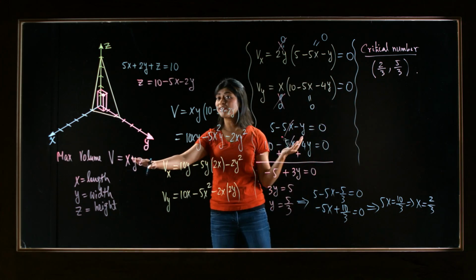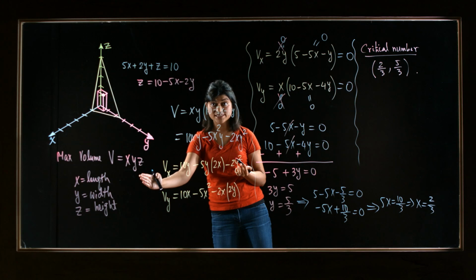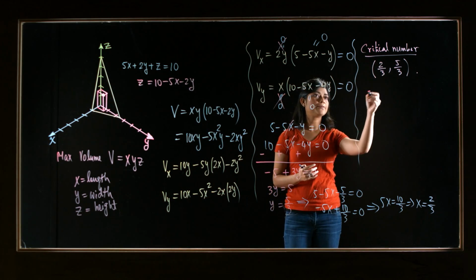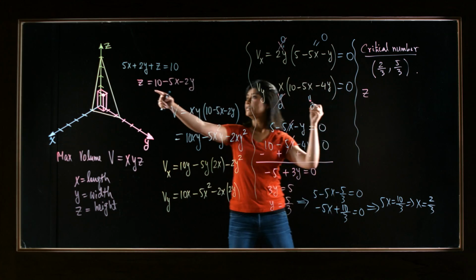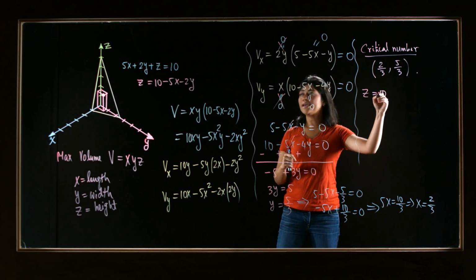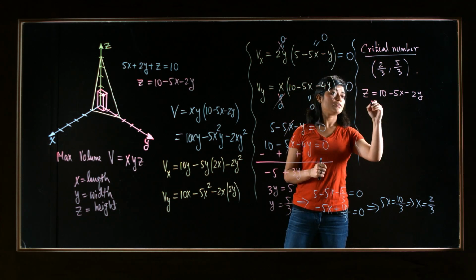We have to figure out what that volume is. Look at the volume formula: x times y times z. So we first have to find what z is when given x and y. You know z is in terms of x and y: z is 10 minus 5x minus 2y.